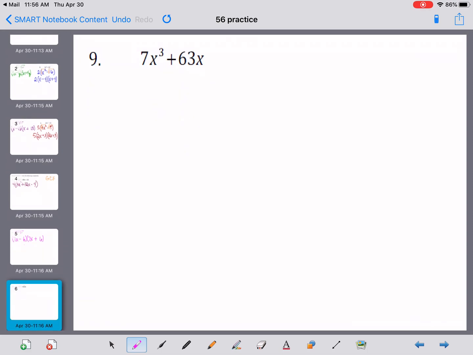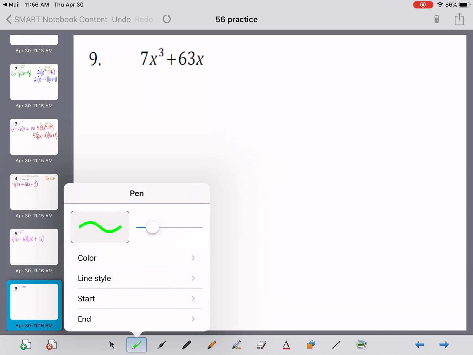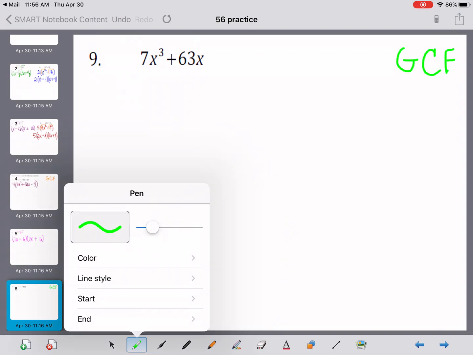Last one, it might look a little bit confusing, but again, don't forget that we can deal with the greatest common factor. And I'm going to switch screens here.